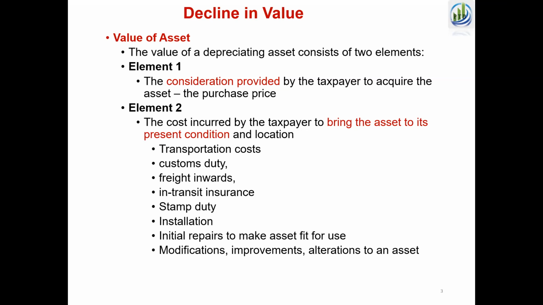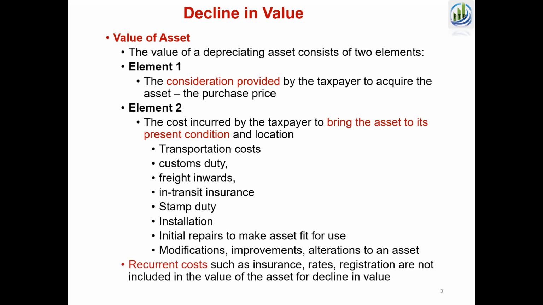However, when you start to use that particular item, your insurance and rates and registration, everything is not capitalized. It will be a recurrent expenditure. Immediately you can deduct. You need not do declining value for that, right? In your normal expenses. That's called recurrent cost. Right, so that would be very important.